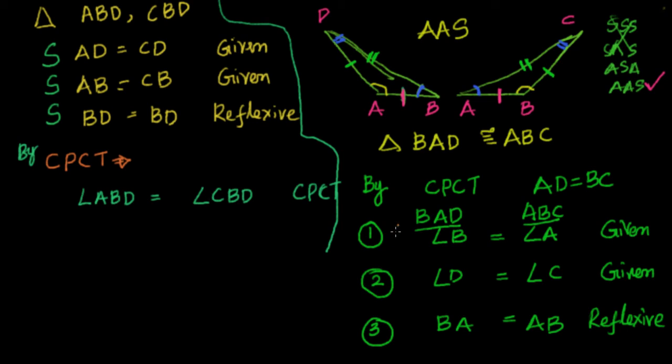This is angle, this is angle, and this is side. AAS we have proven. Once I have proven this, I can directly go back and say by CPCT, corresponding parts of congruent triangles, remaining all should be equal, sides should be equal. So AD is equal to BC and also BD is equal to AC. Okay, that's how we solve that.